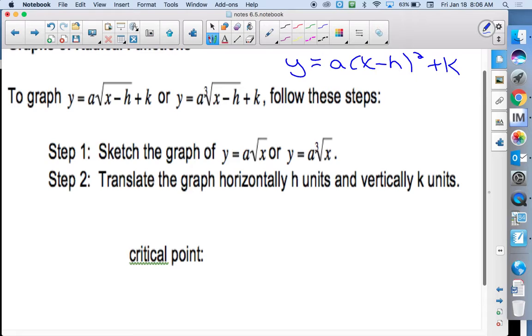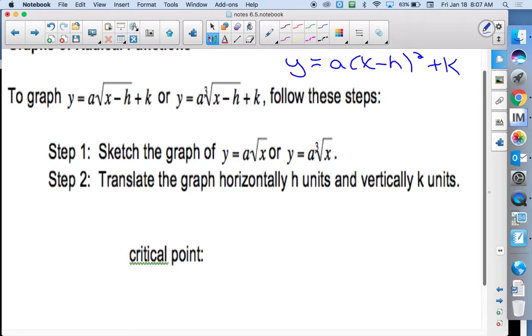That was called the vertex form of a parabola. It had the same exact letters: an a, an h, a k, and an x and a y. Every single graph that we do, and that you'll do next year, will have those same letters, a, h, and k. And those same letters mean the same thing for every graph that we look at.